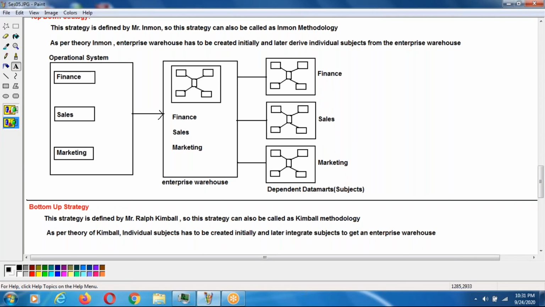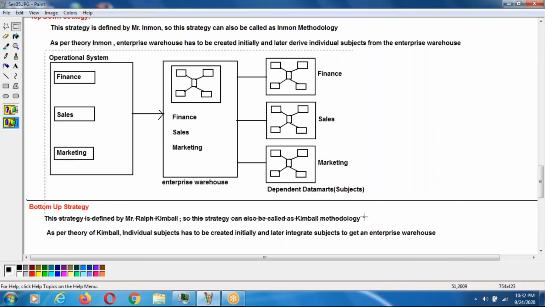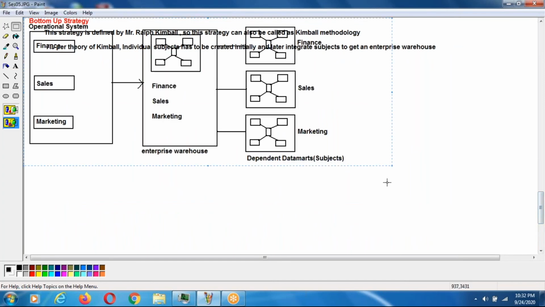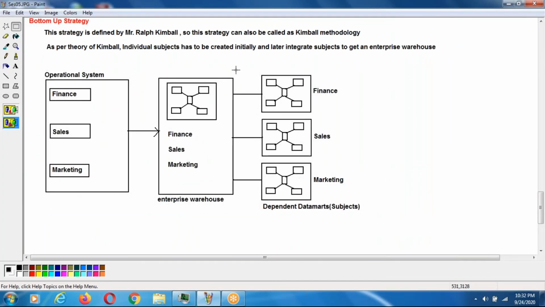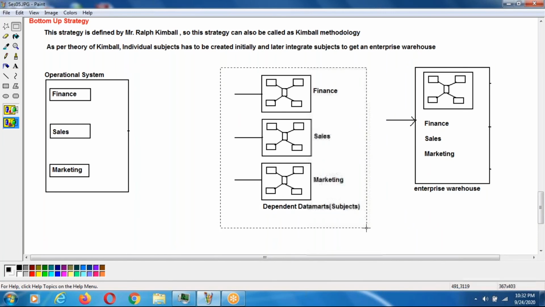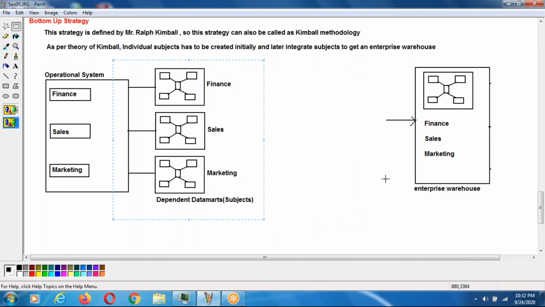So for this reason he made some changes such that first of all, he asks to create the subjects. Once the subjects are ready, then he asks to create the enterprise warehouse.